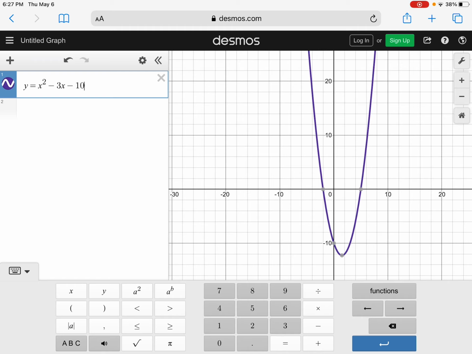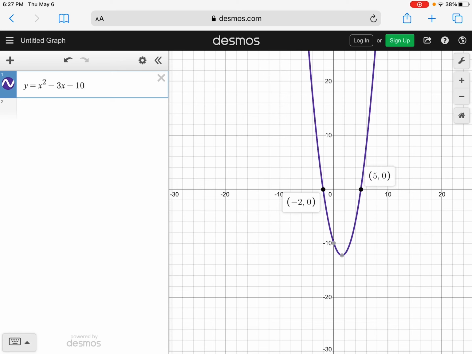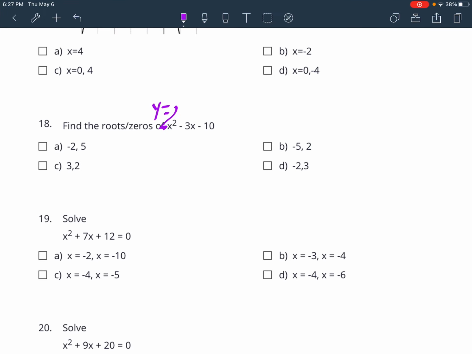Remember, I want the roots, right? So I want the x where it crosses the x-axis. So this one and this one. So -2 and 5. So right here, -2 and 5.